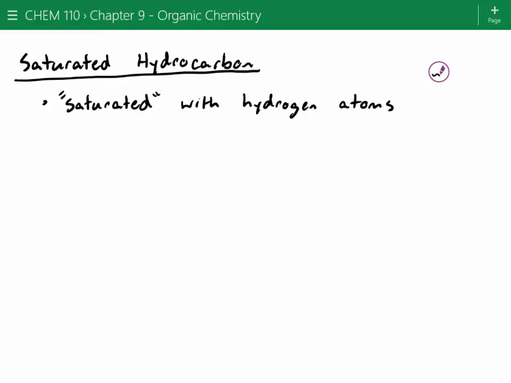Alkanes, right? So saturated hydrocarbons are alkanes. But they have the most hydrogen in carbon. Exactly. They have the most hydrogen that you can possibly put on a carbon, right? So they have carbon-carbon single bonds.